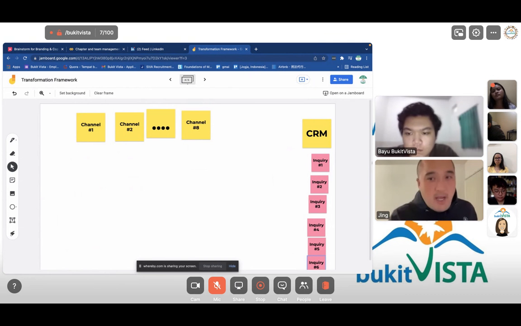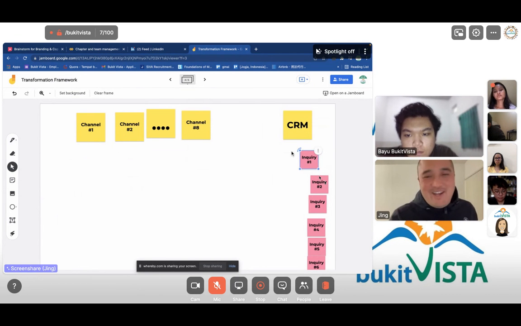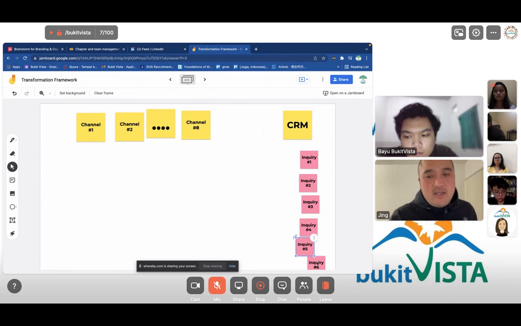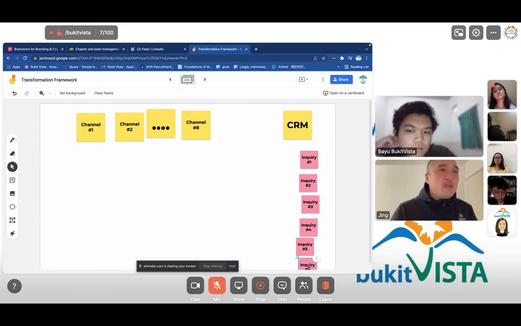But the problem is we don't have a CRM right now. We don't have a method to actually organize these into a single flow of information. Now, all major companies that do customer service have this, right? Because how does a company, let's say like Tokopedia, deal with all these inquiries that come in throughout hundreds of channels, right?